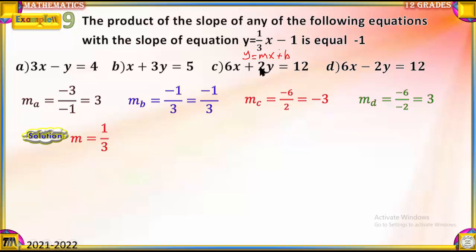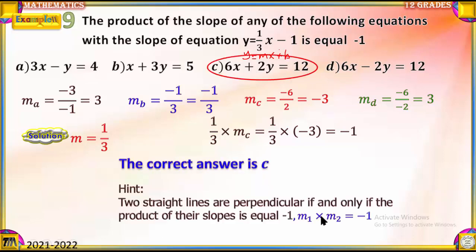Then if we take the slope of C and multiply it with 1 over 3, the slope of the given function, we get 1 over 3 times minus 3. Cancelling 3 with 3, it is equal to minus 1. Then C is the correct answer.